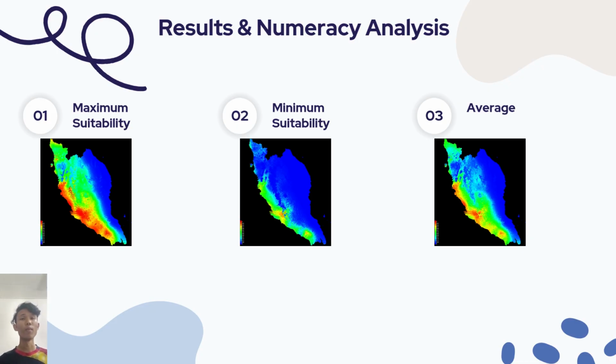And the second one, the minimum suitability map, represents the lowest suitability prediction for each pixel. And for the third map, we have the average, which combines both the maximum and the minimum suitability map to balance out the prediction.